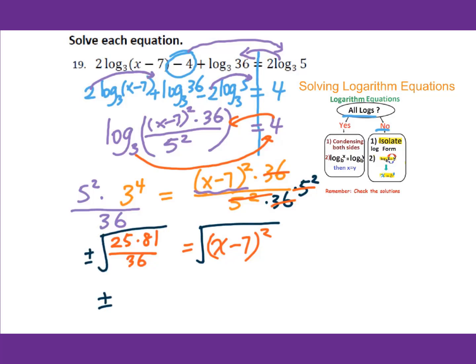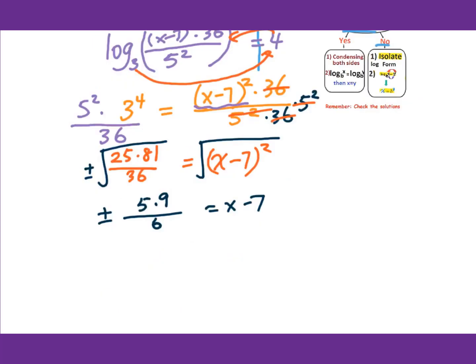You will get 25 is 5, 81 is 9, 36 is 6, equals x minus 7. Reduce, you will get 3 over 2. So we got plus or minus 7.5 equals x minus 7.